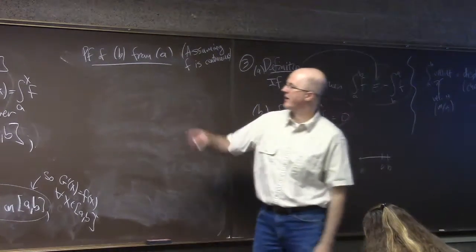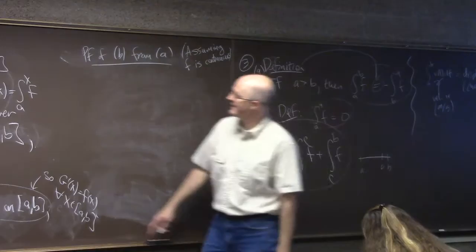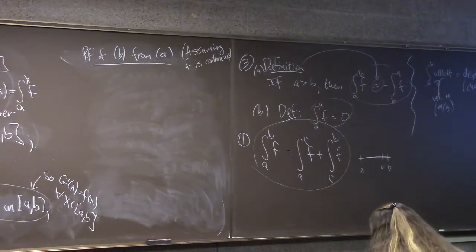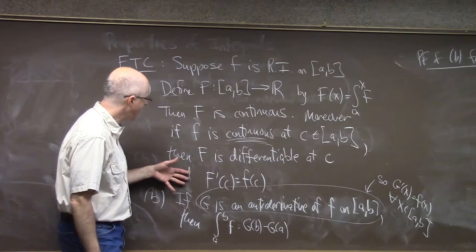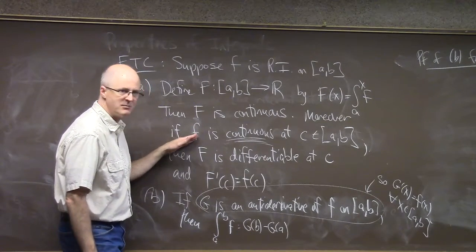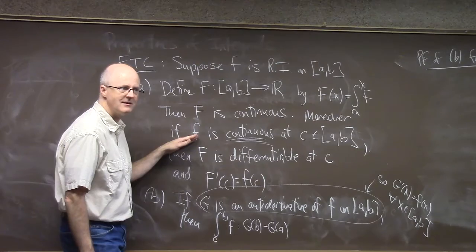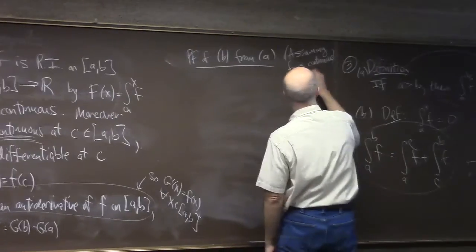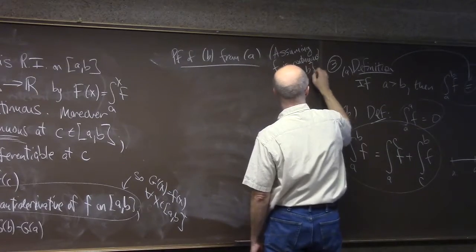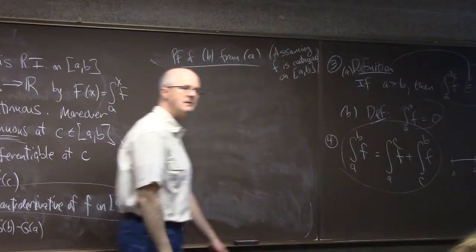So if we're going to use part A to prove that, I'm going to need the continuity of little f, because the second part of part A assumes little f is continuous at the point. Or I should say on the entire interval. That's going to be my assumption.